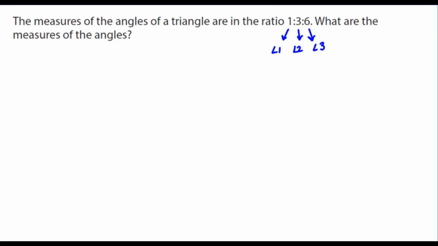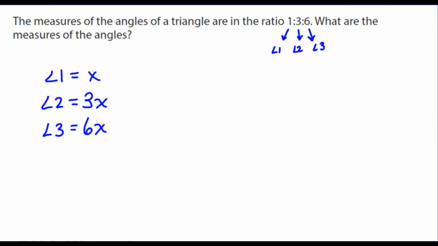So those are the things that we know. So if we just call angle 1 X, we don't know how many degrees it is. We know that angle 2 is 3 times bigger than X, so that would be 3X. And we know that angle 3 is 6 times bigger than angle 1, so that would be 6 times X. So now we know how all these angles are related to one another.